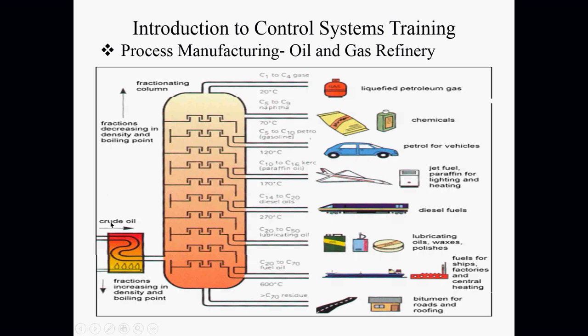You can see my mouse pointer, yes? Right. Here is your crude oil inlet. This is your furnace, where the crude oil is flowing through and you're heating it, right? Once this heated crude oil flows into your fractional distillation column, the column will have different temperature ranges at different levels, right?